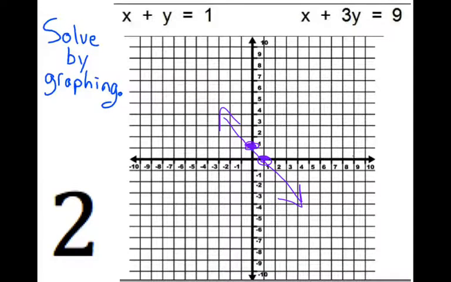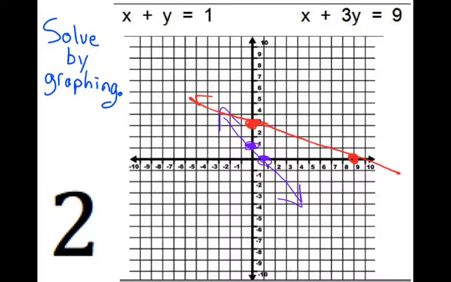So I'll go to 9, put a nice dot. And then the y-intercept is 3, so I go 1, 2, 3, and then I'll connect those and see where they cross. So this looks like it'll be pretty hard to solve this way. Tough to see where they cross.